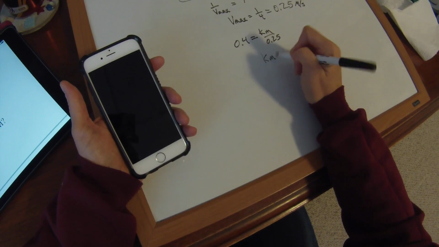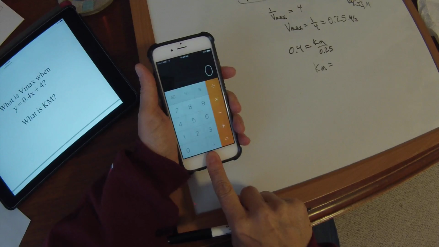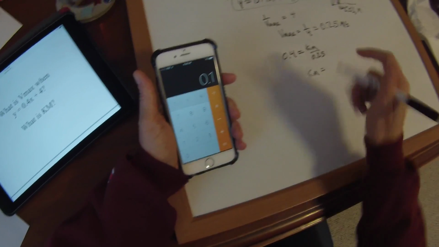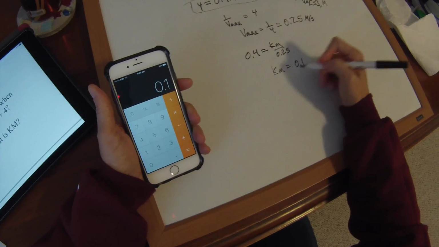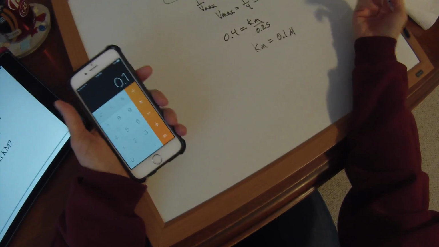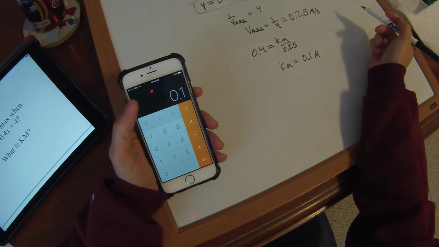That means Km is 0.4 times 0.25, which is 0.1 Km, and so that's molar since our units in this example that I made up were molar. All right?